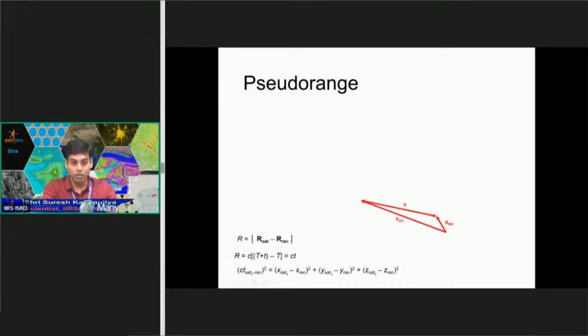We use this formula to estimate the range in 3 directions, X, Y, and Z. You can see this is the satellite range, and this is the receiver, and these are the formulas. This is for satellite and this is for receiver, and this is the total time, c times t. c is the velocity of light. And this is the general formula to estimate the range.